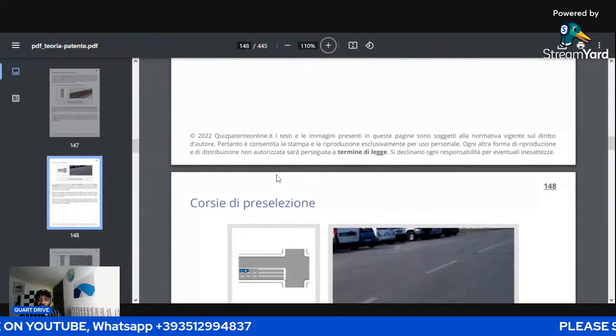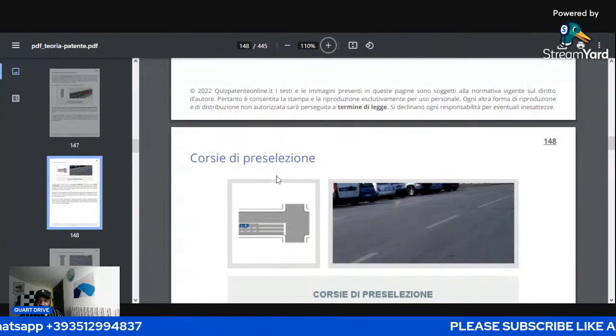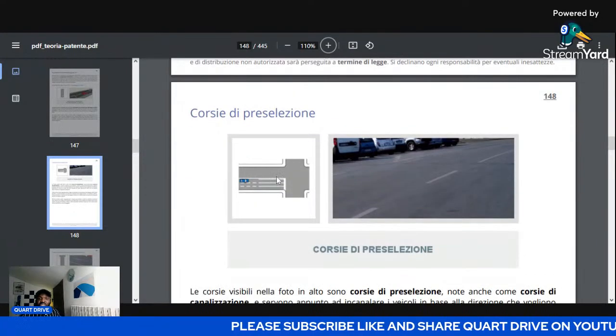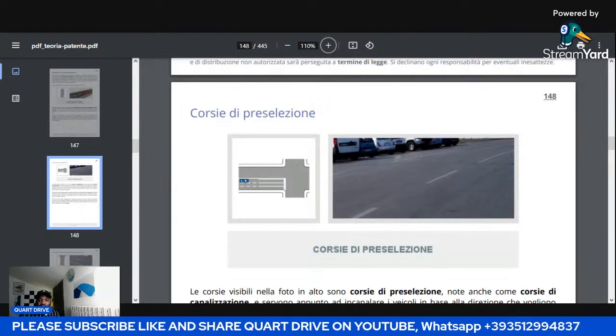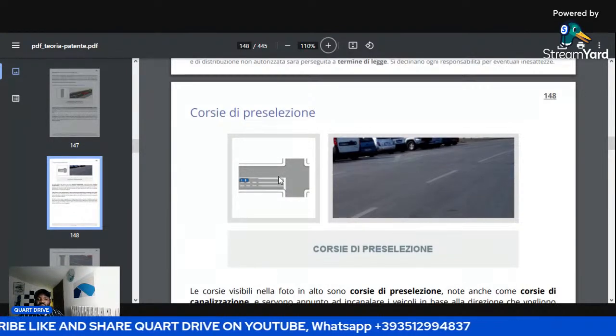All right, so we have another diagram here, which is corsia di preselezione. So what is corsia di preselezione? I'm going to read the book and also explain it for you.